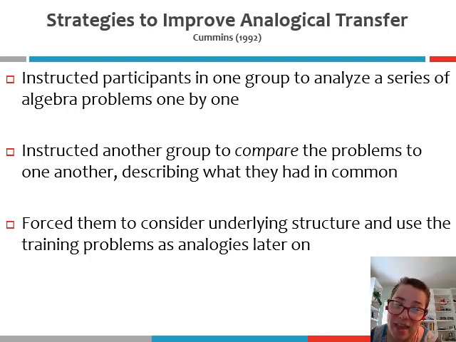They were better at using those same problems to solve new problems later on than participants that had just worked to find solutions to the problem. So anytime we can think about a problem in terms of its underlying structure, ignoring those surface features, the more successful we're going to be.